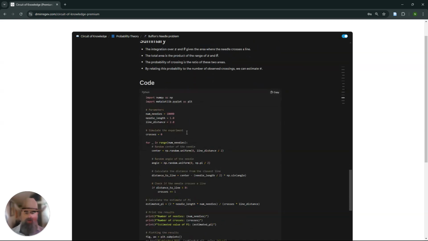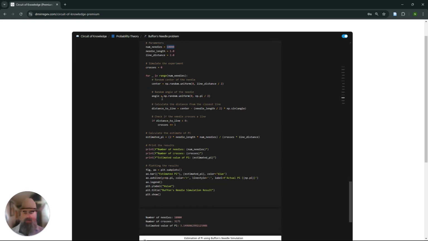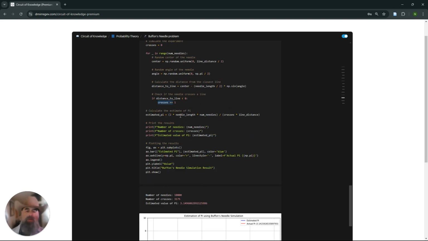How do we do it in code? We do it, let's say, 10,000 times. It's a Monte Carlo simulation. The needle length is 1, let's say meters. The line distance is 2. And we are running a for loop over the number of needles, which is 10,000 in this case, and we're counting all the crosses. Then we're estimating pi using the formula above: 2 times the needle length times the number of needles, divided by crosses times line distance.